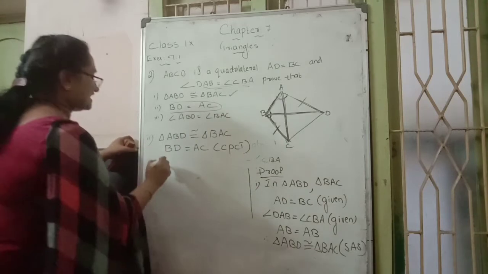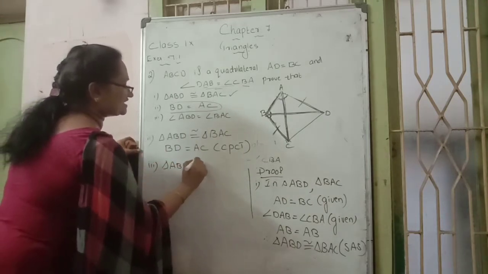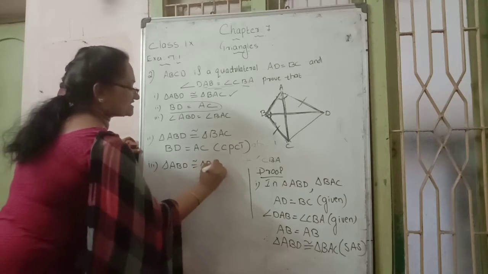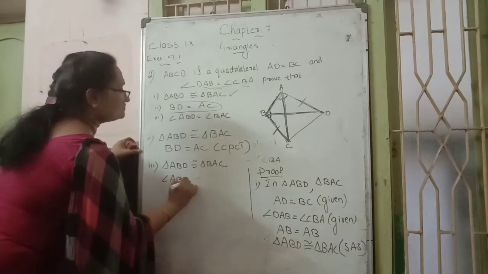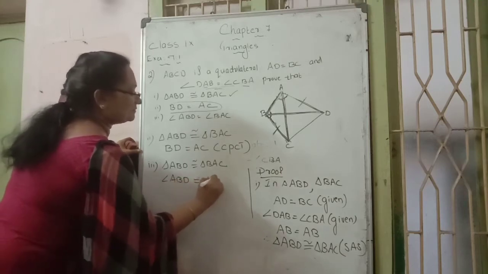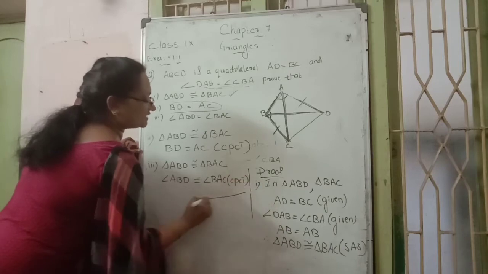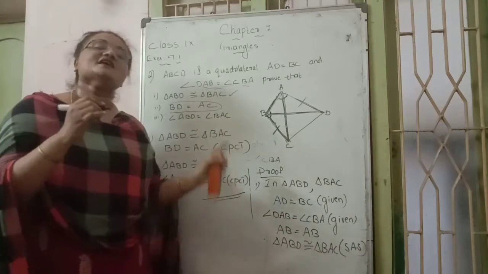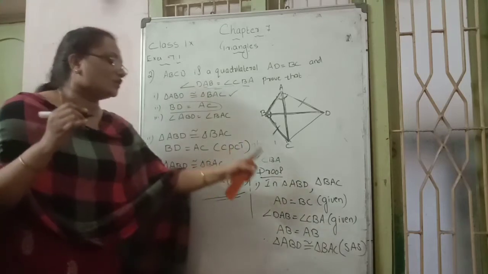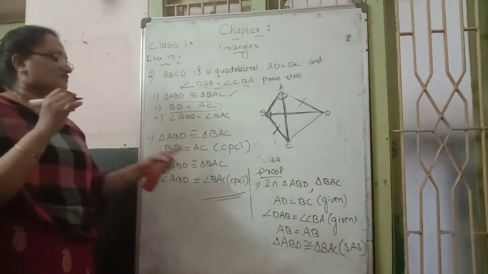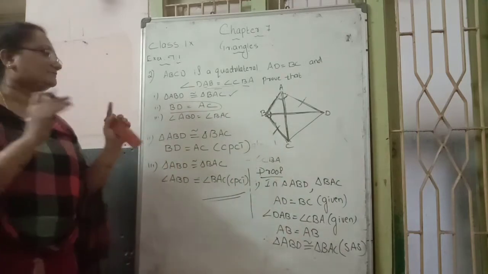So there also we can directly write, we already proved that triangle ABD is congruent to triangle BAC. That's why angle ABD is equal to angle BAC by CPCT. CPCT means corresponding parts of congruent triangles. I hope you can understand this one. So this part is complete with the second and third cases written.